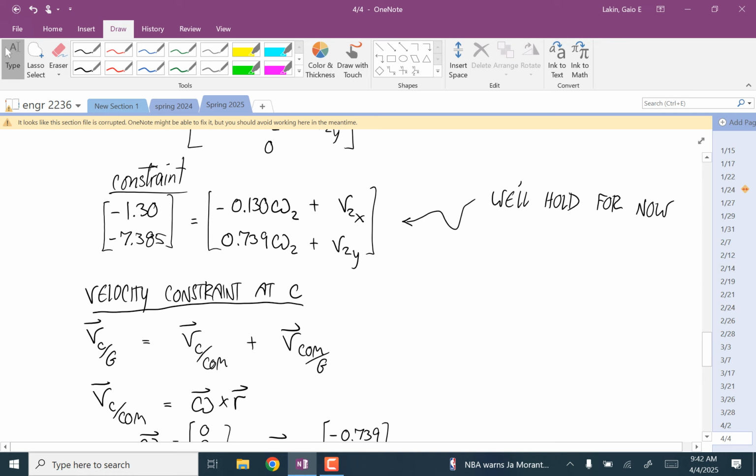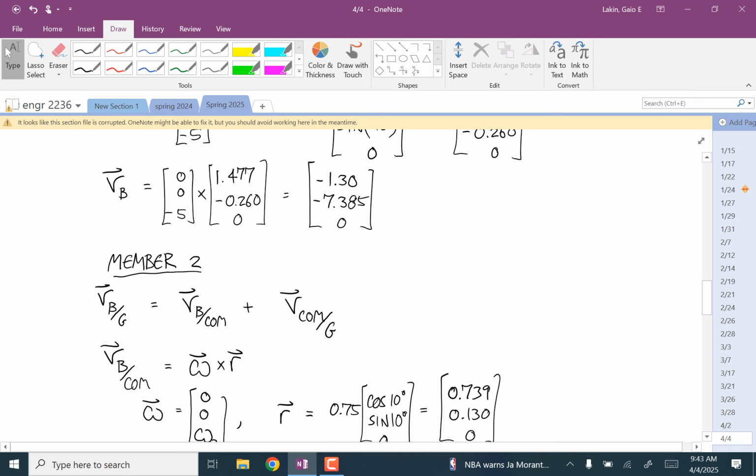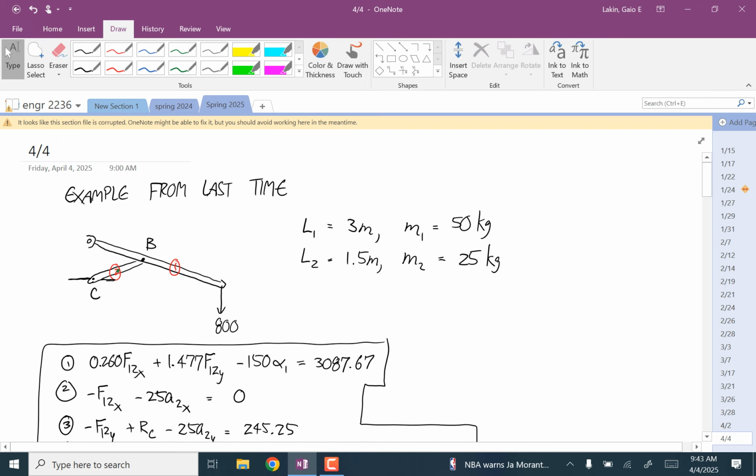So now we're saying, what if it's moving, and what if we're told, you can tell intuitively that being given an angular velocity for member one is enough to fully define what's happening with the system as far as angular velocities. But that doesn't mean we have everything immediately that we need to plug in here.